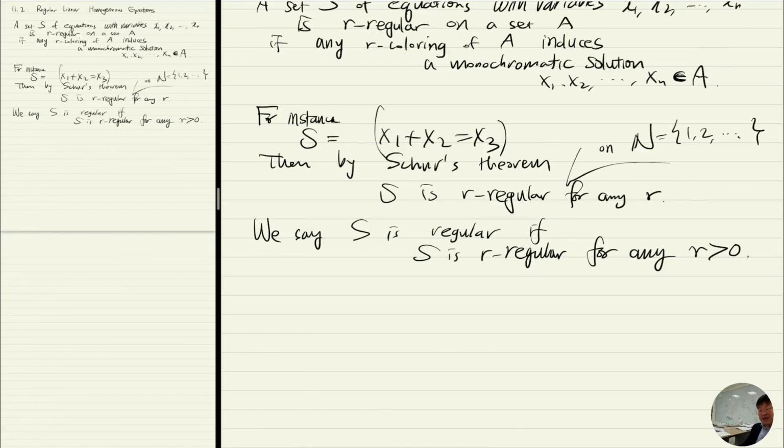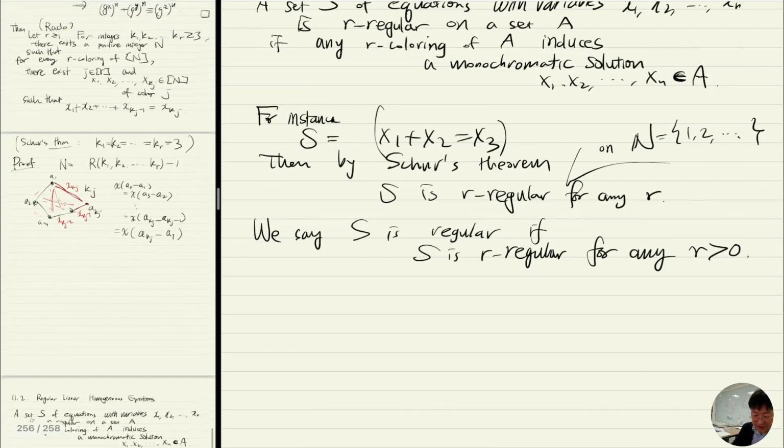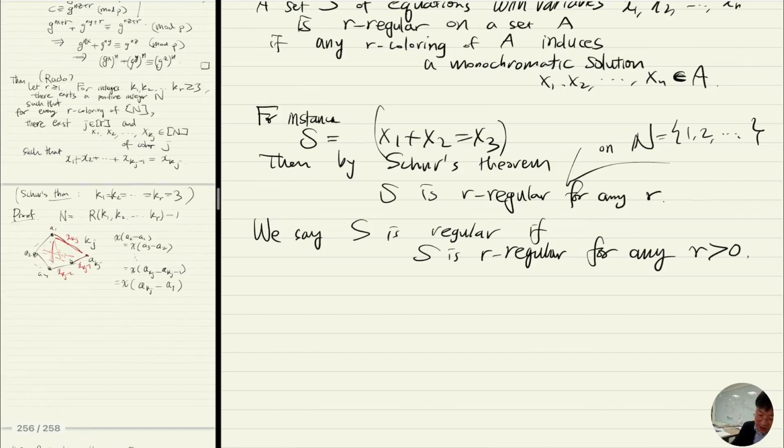So we've seen a few examples of regular set of equations. Schur's theorem is one, so x1 plus x2 is equal to x3. This is regular. And another instance is Rado's generalization.